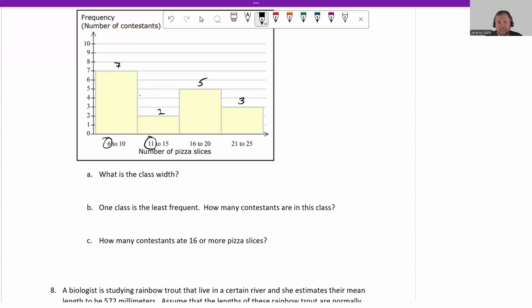And it could be any consecutive classes. So I could do 11 minus 6, or I could even do 15 minus 10, or I could do 16 minus 11, whatever. It's 5. Please don't be off by 1. I believe in all of you.